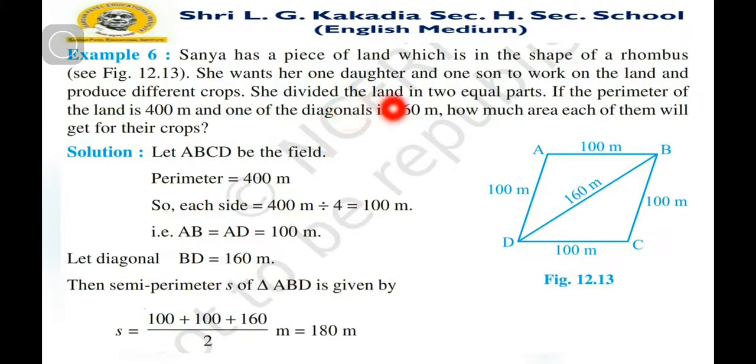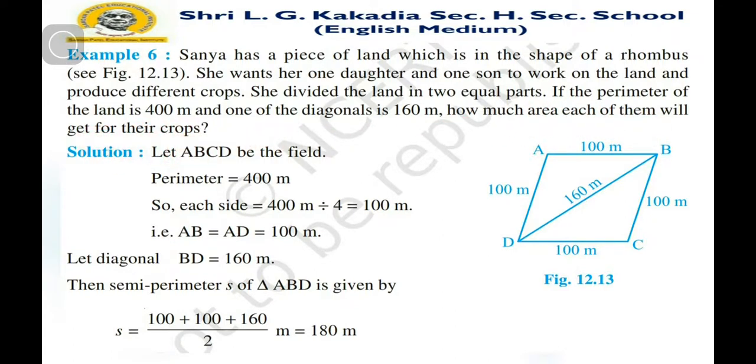She divided the land into two equal parts. As we know that the diagonal of a rhombus divides the rhombus into two equal quadrilaterals. If the perimeter of the land is 400 meters and one of the diagonals is 160 meters, how much area will each of them get for the crops?